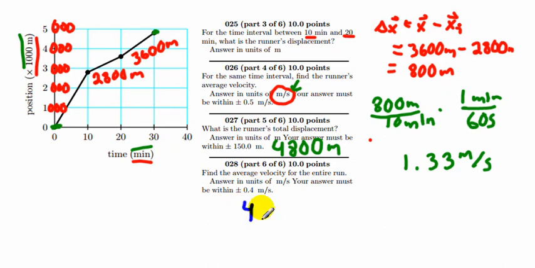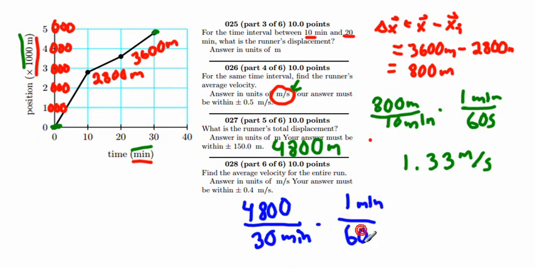We're going to do 4,800 divided by what's now 30 minutes, times 1 minute and 60 seconds. Multiply that out, so that's 4,800 divided by 1,800. I'm not going to do that, but you can do that in your calculator. So the main thing is you have to know to multiply the positions by 1,000, and if it's asking for meters per second, you're finding velocities in meters per minute, and that requires you to convert.